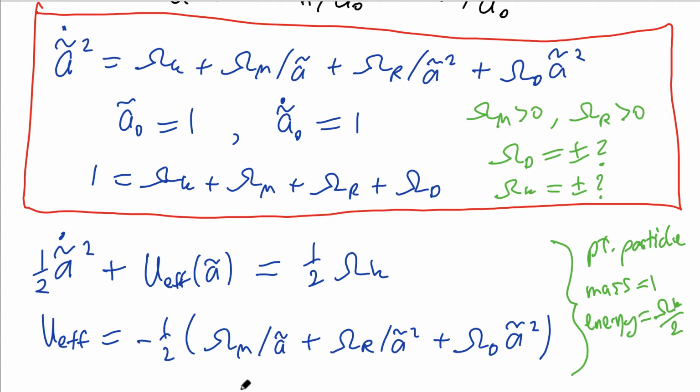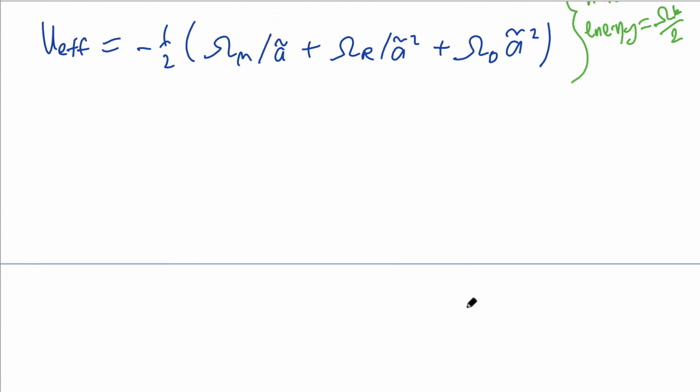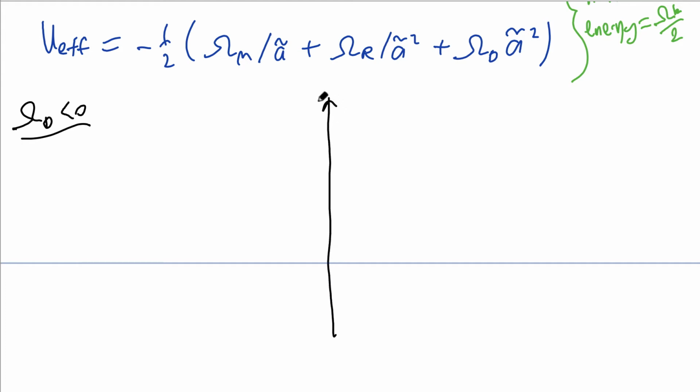Now there are two main cases to consider depending on whether omega d is positive or negative. So let's first consider the case in which omega d is negative. And now let's draw an energy diagram. So this is the energy axis, and this is the a tilde axis.